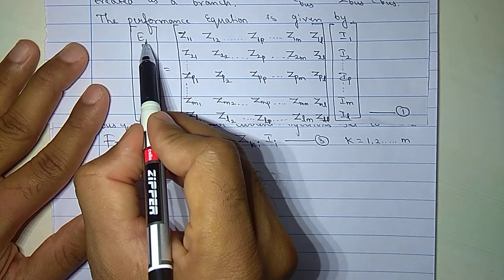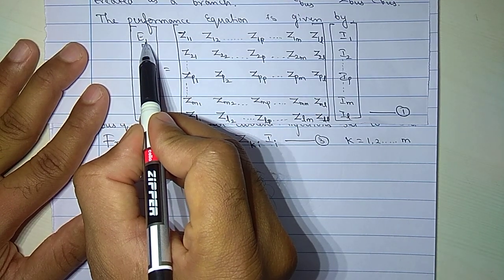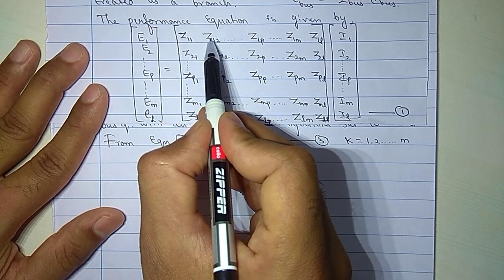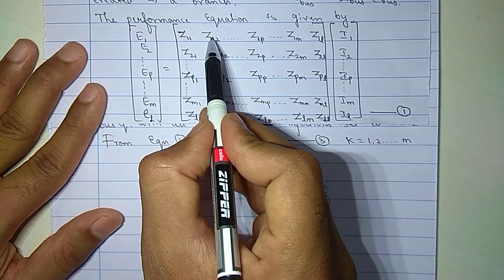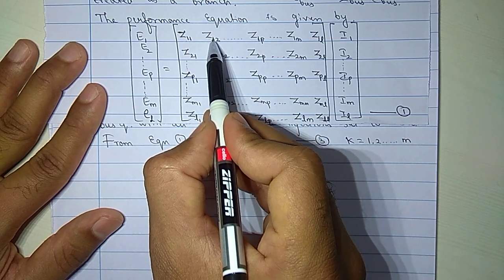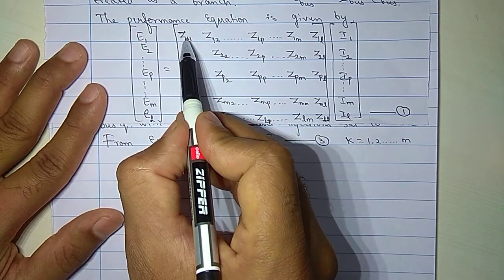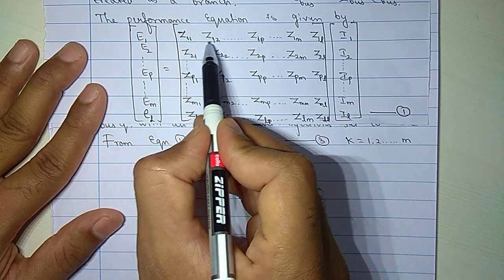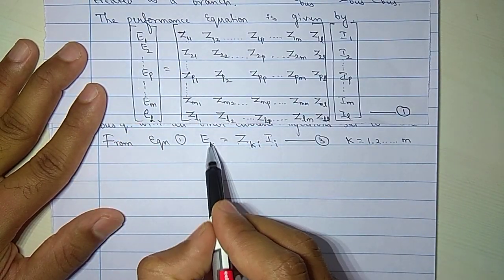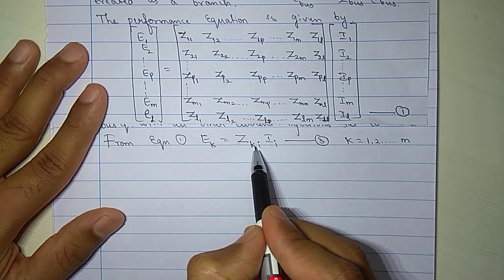Look here, Ek, I am replacing this 1 by k, so it is Ek, which is equal to Z11, 12, 13, 14. The first element, this 1, is constant. Whatever the first element you are having, the same element is also here. So if it is k, then here also I will be writing k.